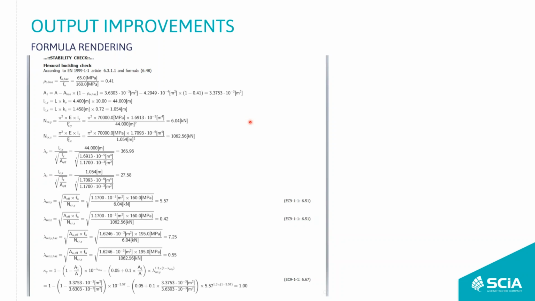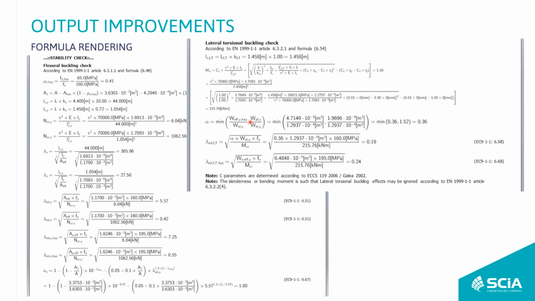So if you have some doubts how something was calculated, you can just go to the detailed report and see which formulas have been used, and you also have the possibility to see the reference, which goes directly to the Eurocode 9 with a specified chapter inside.